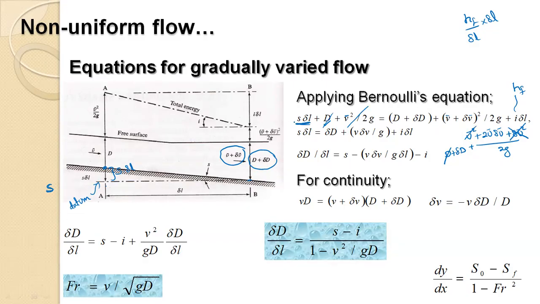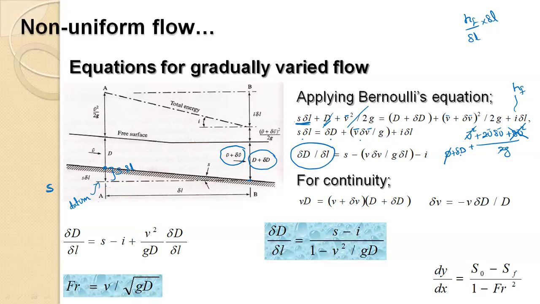So I would have S into delta L on the left-hand side, and on the right-hand side delta D plus V bar delta V bar divided by G, because the 2 will cancel, plus I into delta L. I have done a small rearrangement of the terms and got delta D by delta L on the left-hand side.